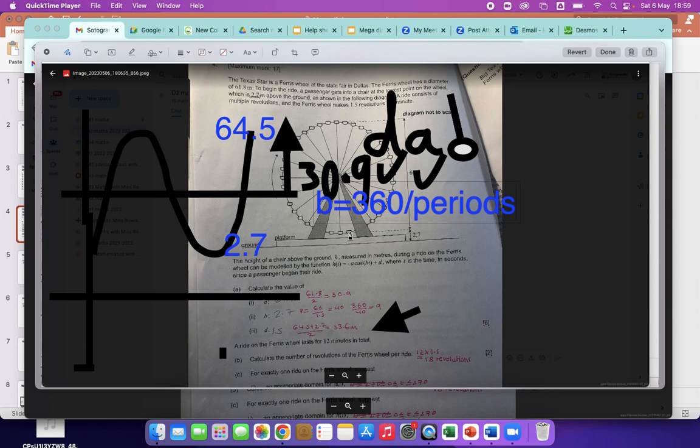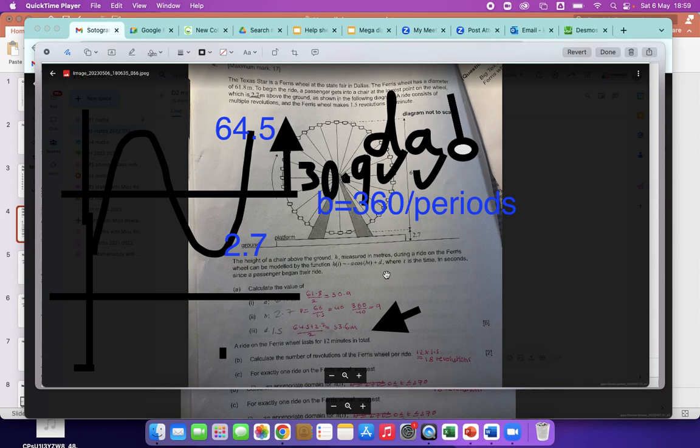If we're going to have 1.5 revolutions in a minute, because this question is to do with 360 seconds, which is 6 minutes effectively, we need to see, well, how many revolutions are we going to have in 360 seconds?